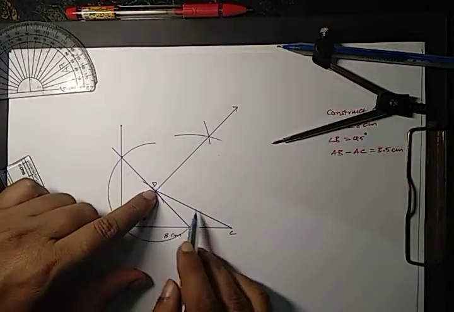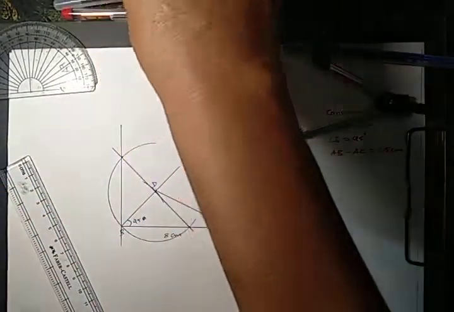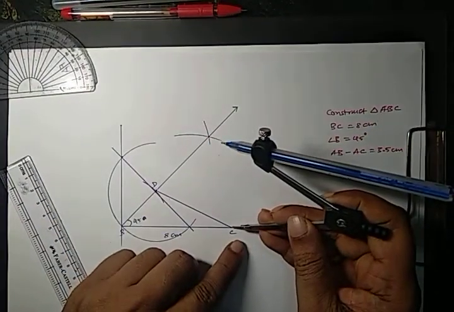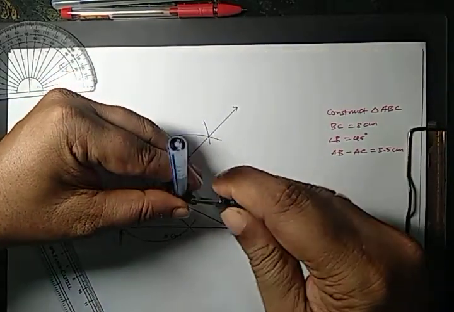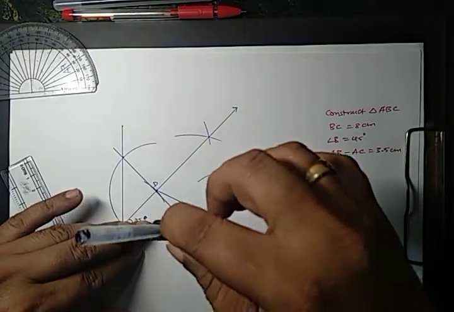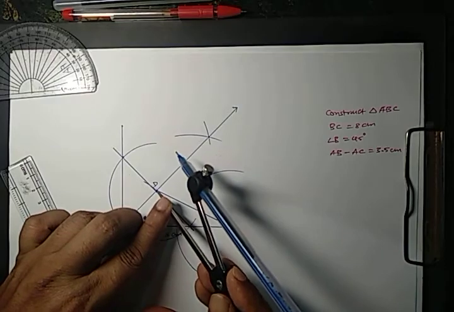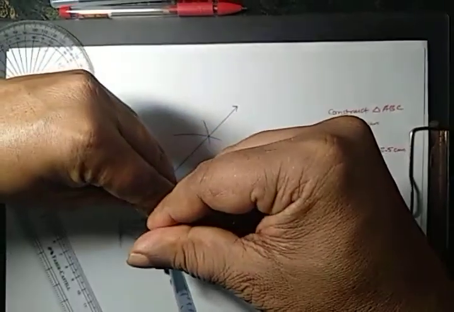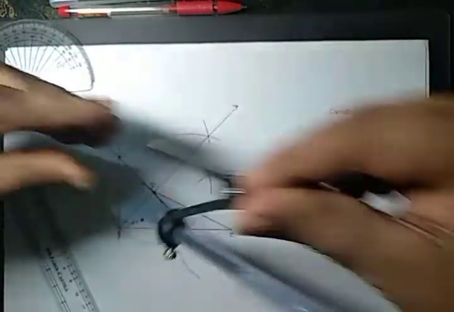Now from D to C I need to take a perpendicular bisector. For that I should take more than half. I have taken more than half. Then I cut it this side and keep this point here, then I cut it here and here also, so they intersect.